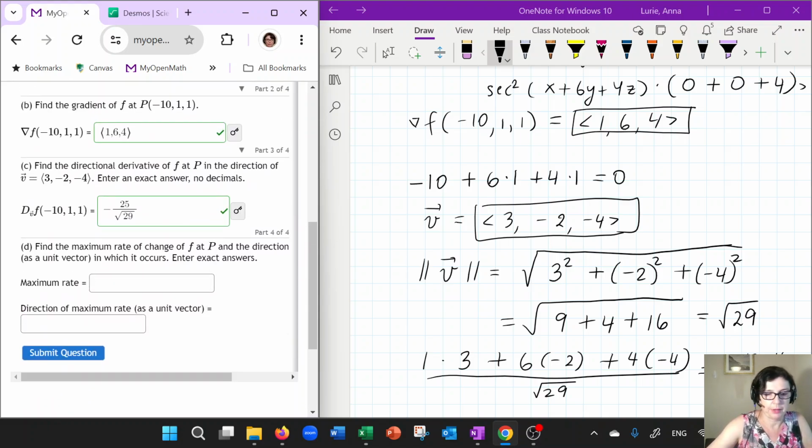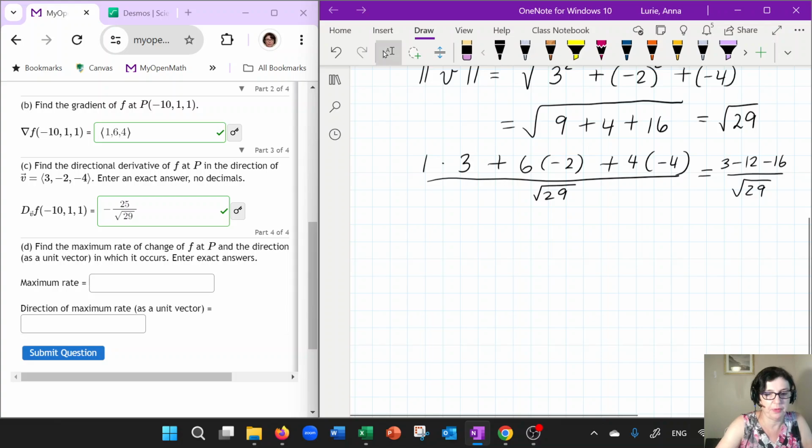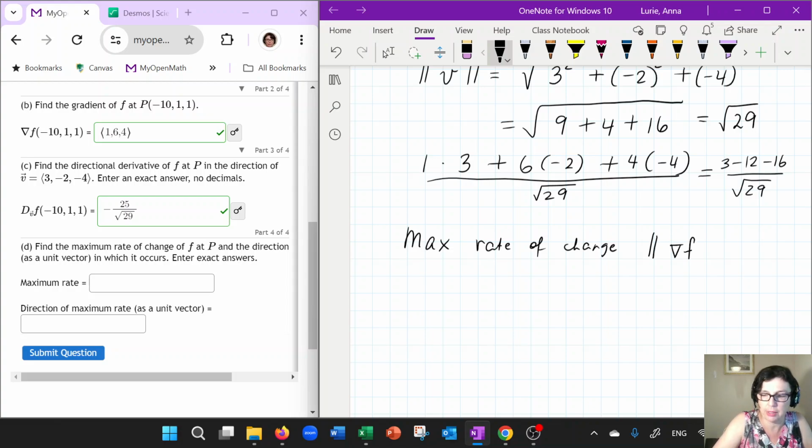Okay, so that's correct. The next thing we need to do is figure out what is the maximum rate of change of this function at the point P. So you need to know, and I think it's also on your formula sheet, that the maximum rate of change at a specific point is equal to the magnitude of the gradient at that point.